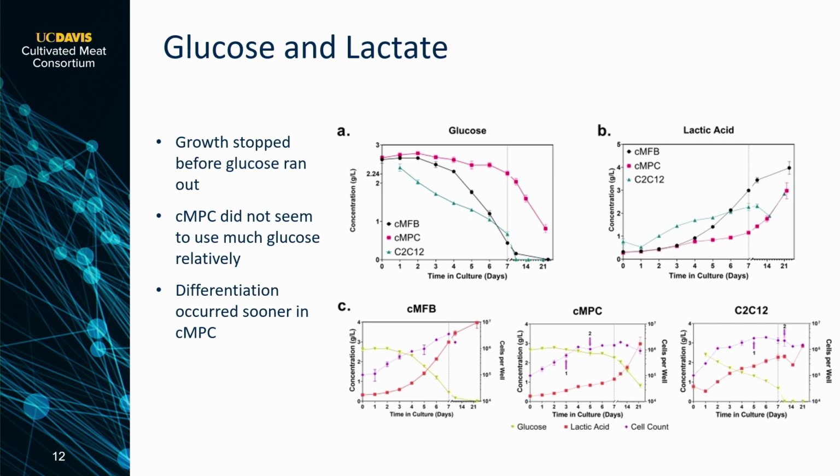So for the glucose and lactate, one of the biggest points to point out was that the glucose utilization curves differed pretty significantly for the 3 different cell types.